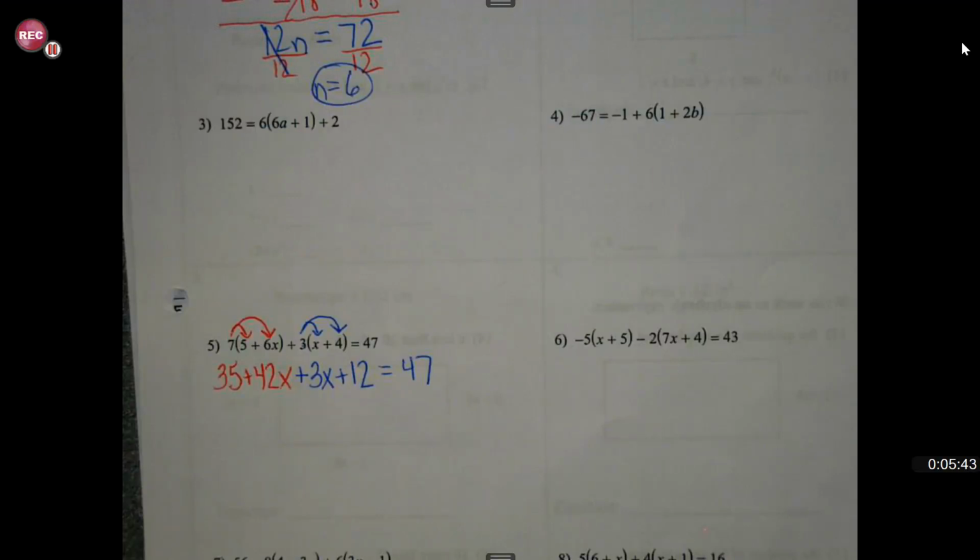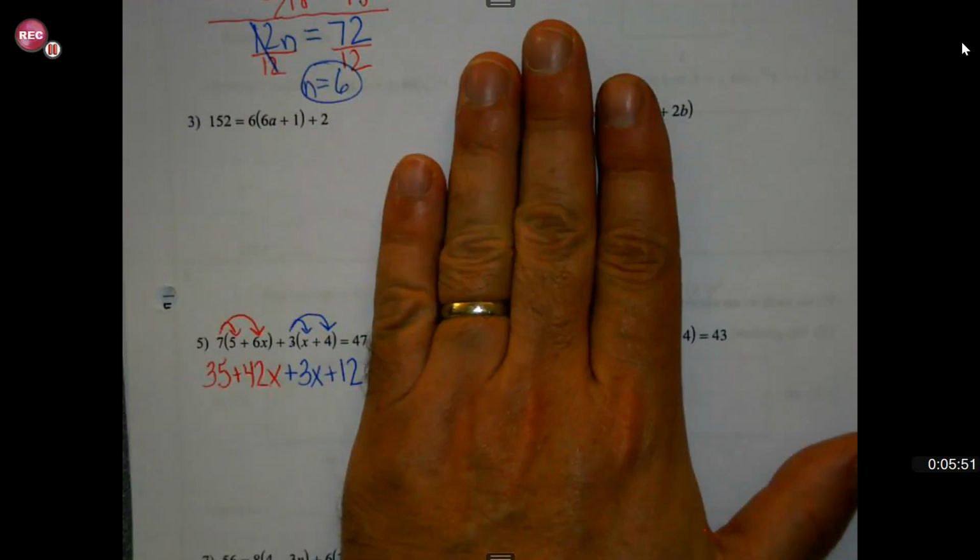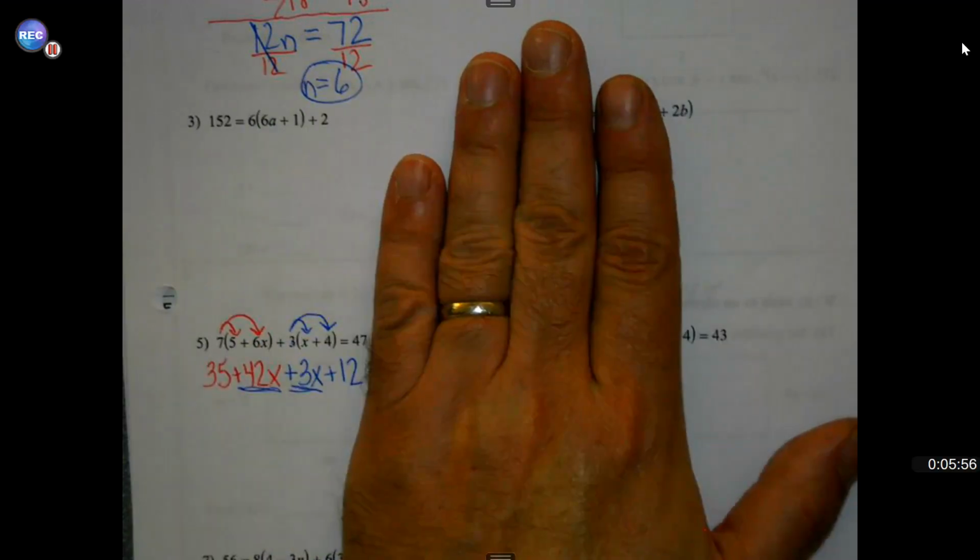Now this time, it gets a little more interesting. Because as I'm looking on this side of the equals, I do see that there's x's I can put together as like terms.